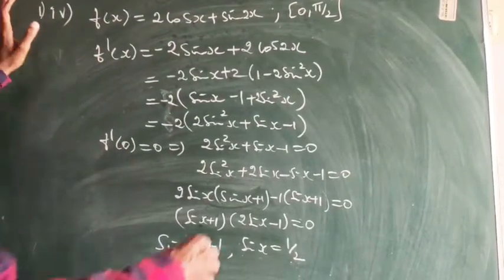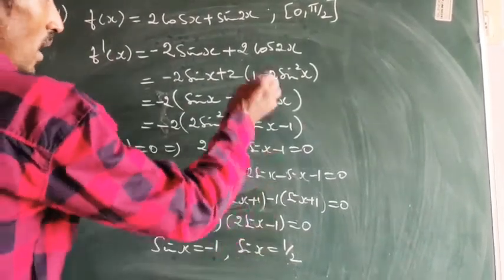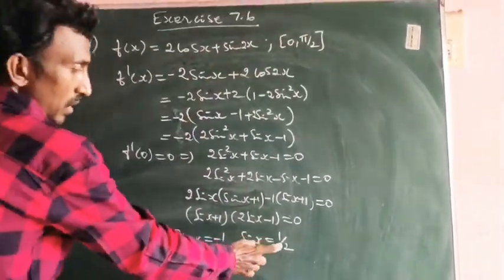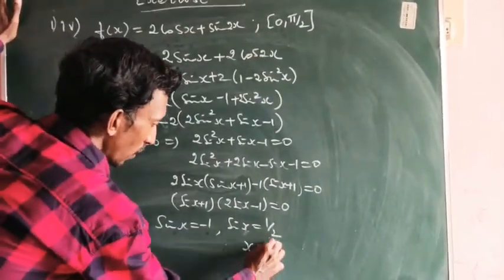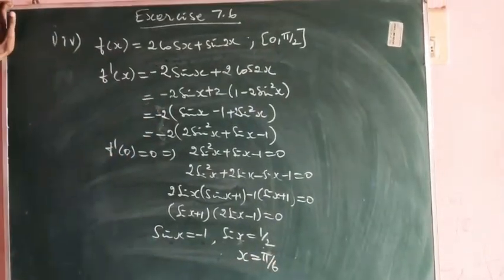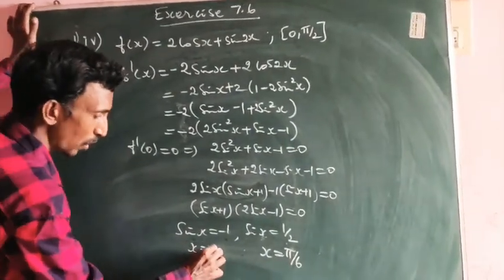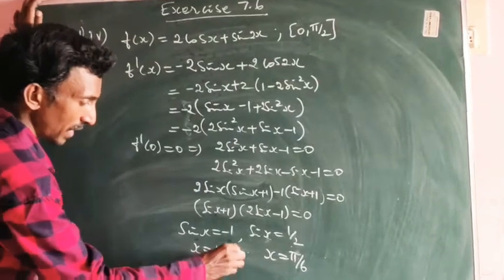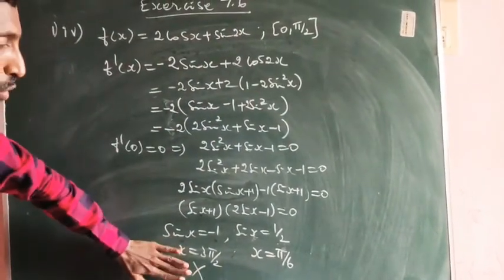Okay, so the interval is 0 to pi by 2. For what value of x is sin theta equal to 1 by 2? 30 degrees. So x equal to pi by 6. Here, for what value of x is sin theta minus 1? So x equal to 3 pi by 2. But it does not belong to the given interval. Therefore it is not a suitable value.